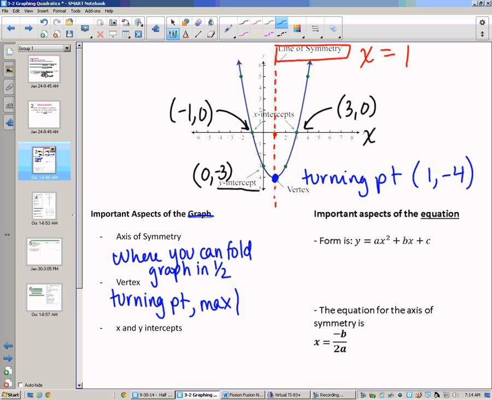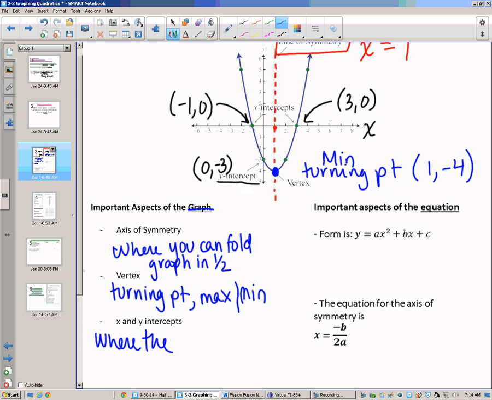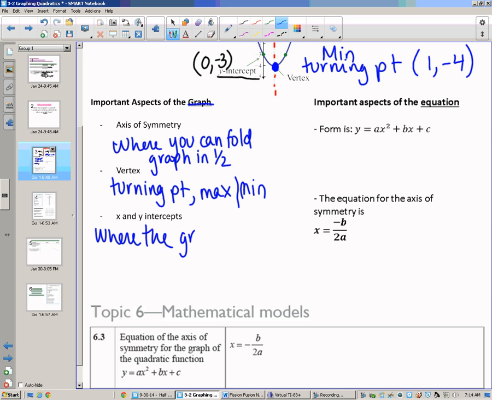In our graph up here, that is a minimum, because it's the lowest point on the graph. And the x and y intercepts are where the graph crosses the x and y axes. We did this with lines, and we're doing it again with quadratics. We'll do it with lots of different graphs.